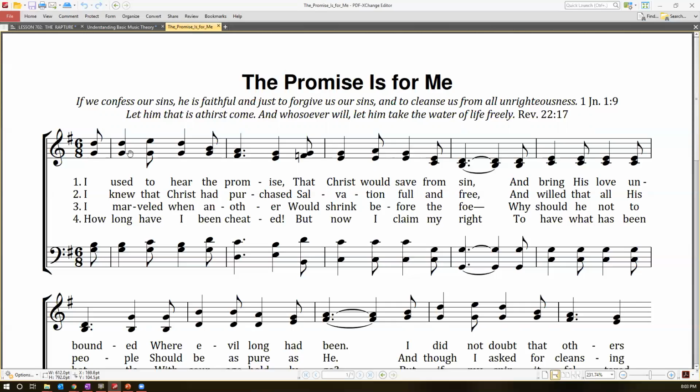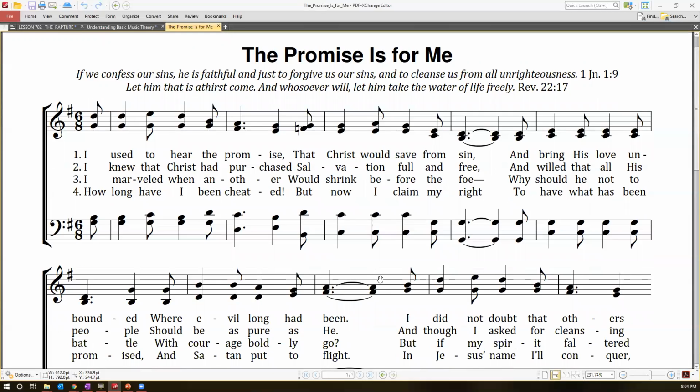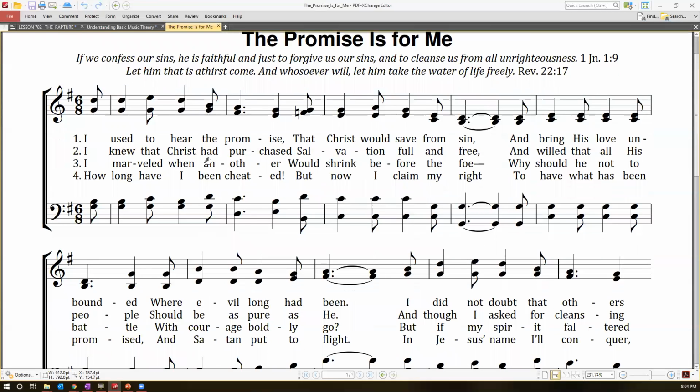It's just used to separate sections of the song so they can be easily identified. For example, in a large orchestra, the conductor wouldn't say, count 1, 2, 3, 4, 5 and we're going to start here.